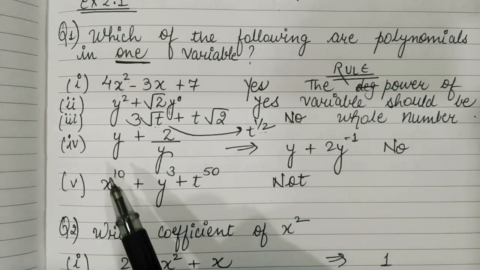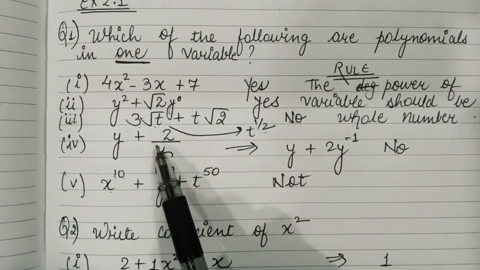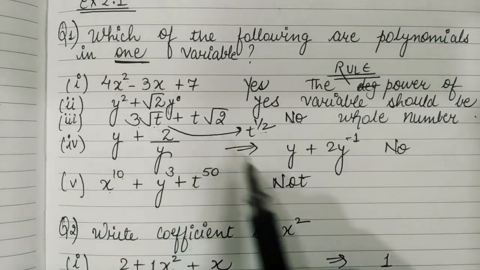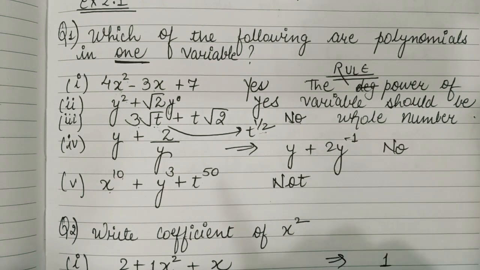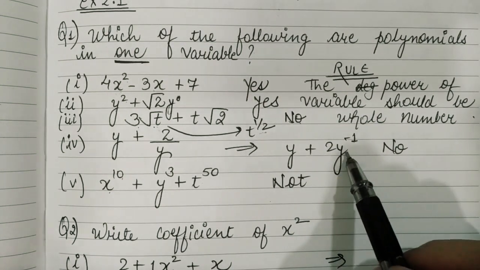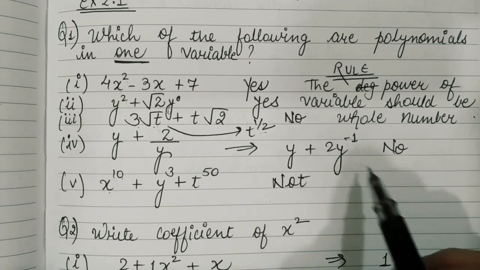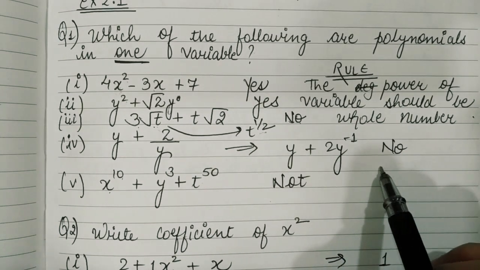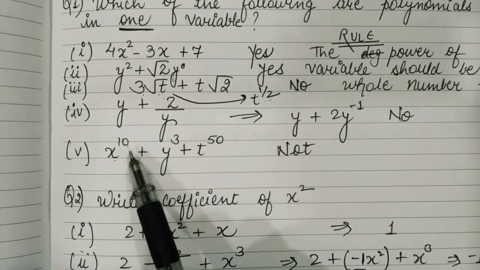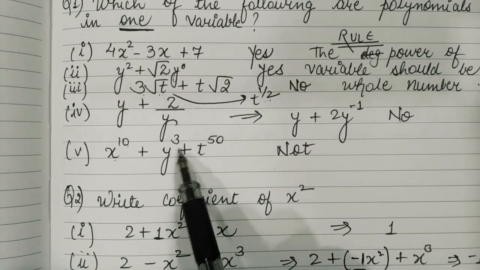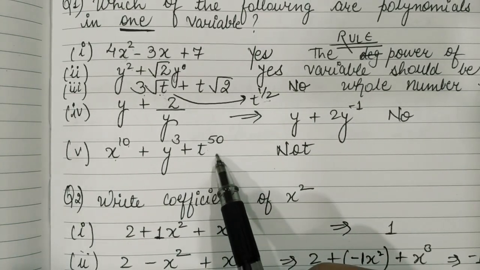For the next part, it is written y plus 2 upon y. It can be written as y plus 2 y raised to power minus 1. As we can see here, minus 1 is not a whole number, so it is also not a polynomial in one variable. Next is x raised to power 10, y raised to power 3, t raised to power 50.